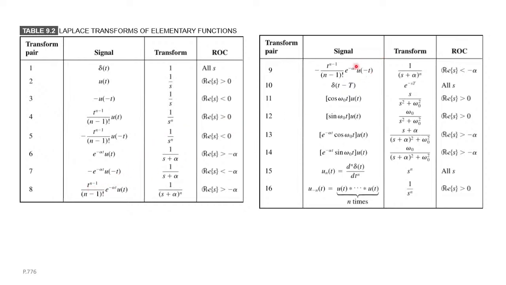So it's the same. You just inherit this negative t here and the negative sign here. Okay. And then there's the delta function shifted by some t, and you can do time shifting from here. So that's e to the minus s t, and the ROC is still everything. Oh well, we're over time, so let's stop reading this. You can see the other things yourself.